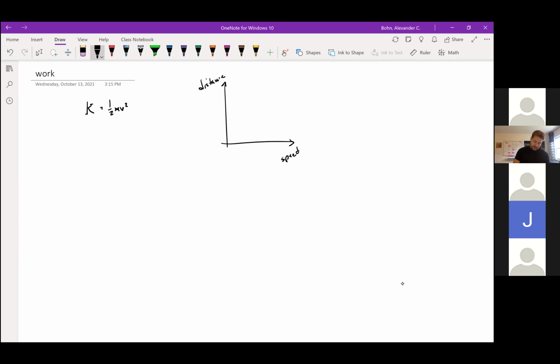And your data, I think, showed that this relationship is not linear, but that if you graph instead versus the square speed, that it becomes linear.